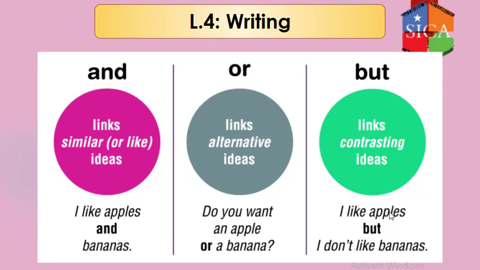So here we contrast. I like apples, but I don't like bananas. I can say I can play guitar, but I can't play football. So these are two contrasting ideas or two contrasting sentences.